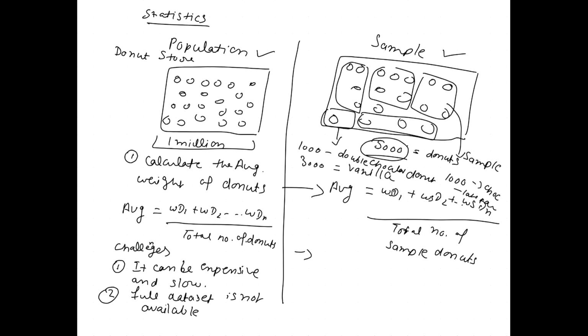Tomorrow, when you give data about the cream donut, your model will not be able to predict it correctly because it was not trained for that. You pick up only some portion of your whole data set, so this is the biggest challenge you may face when using the sample, and the result may not represent the entire population accurately.